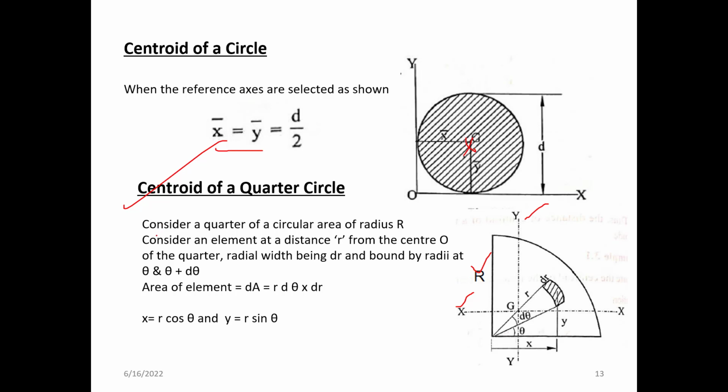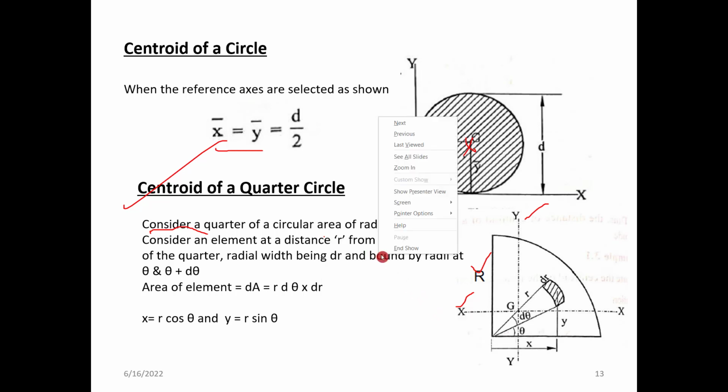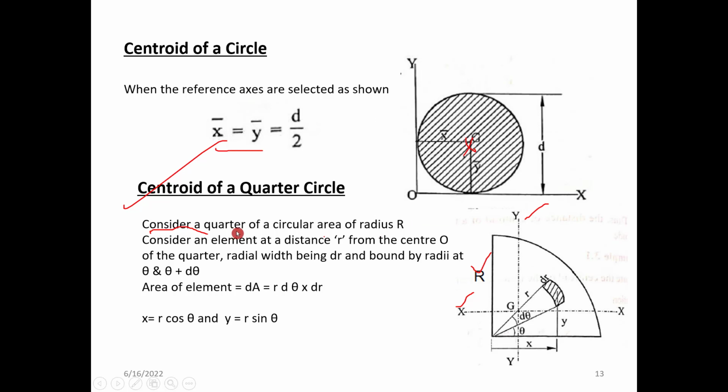Consider a quarter of a circular area as shown in the figure, of radius r. Consider an element at a distance of r from the center. So we have the center here.